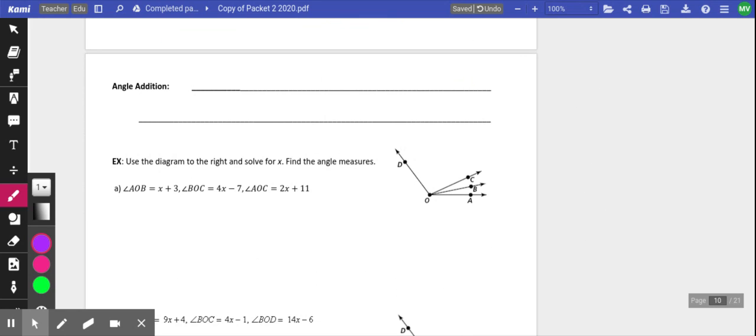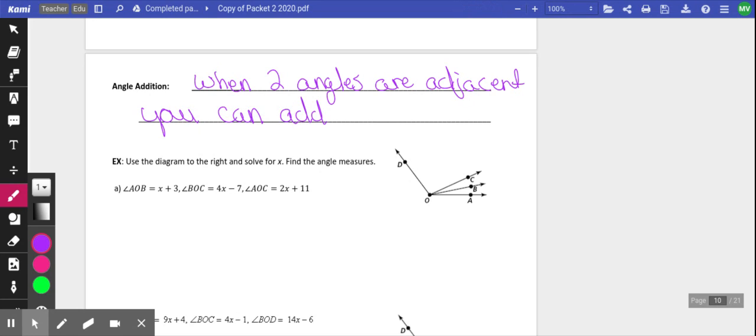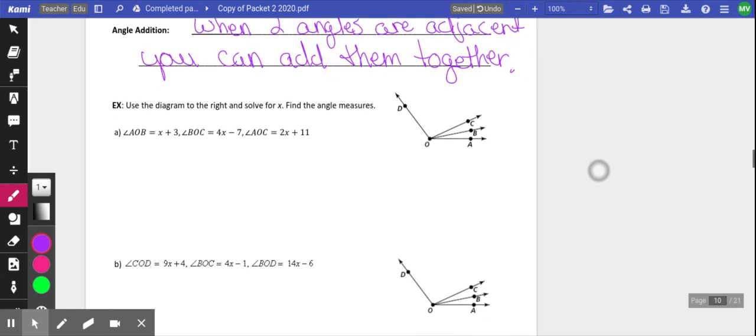Angle addition. When two angles are adjacent, you can add them together. So here we go.